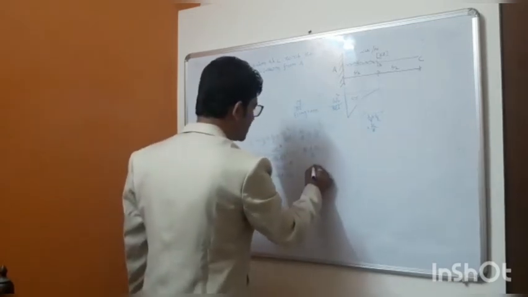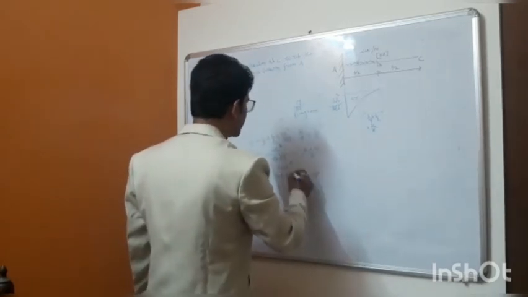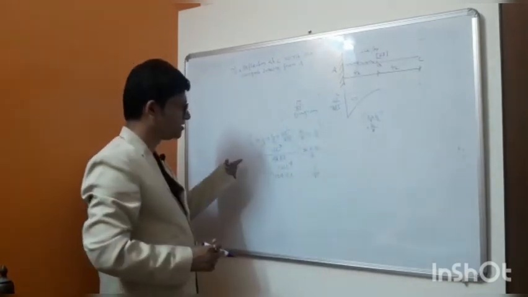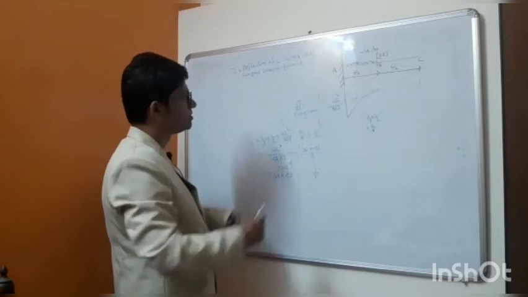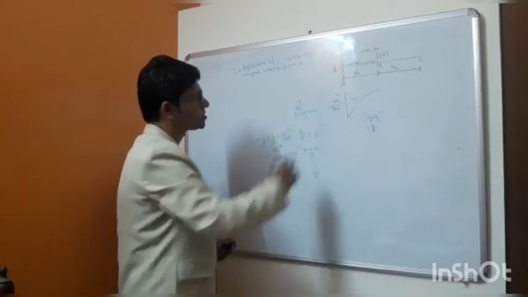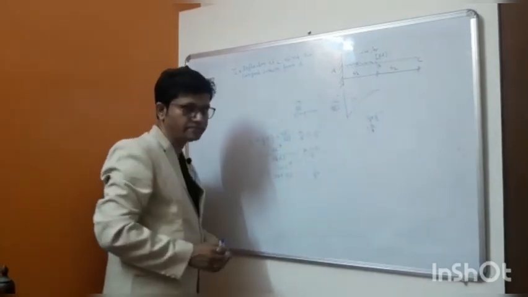The arrow is downward, for the negative sign. So this is YC for a cantilever having a UDL up to its middle of the length.